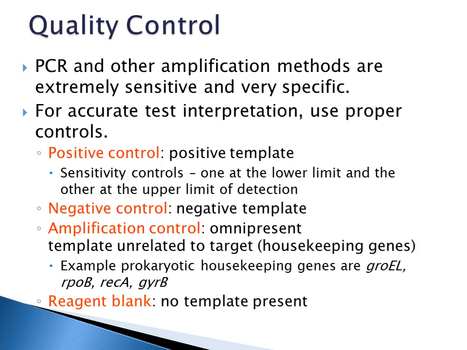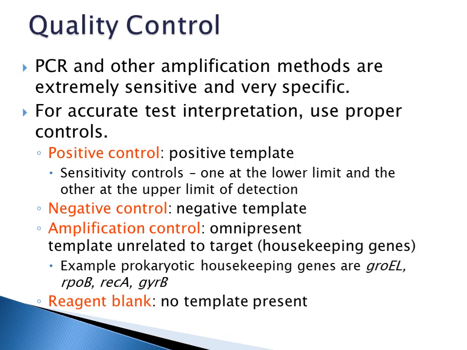So your template is usually going to be a housekeeping gene that's not related at all to your target sequence. Your housekeeping genes, typically in prokaryotes, are groEL, rpoB, recA, and gyrB.